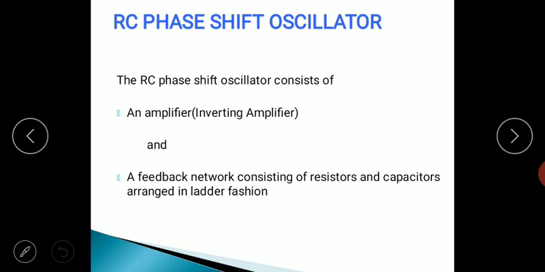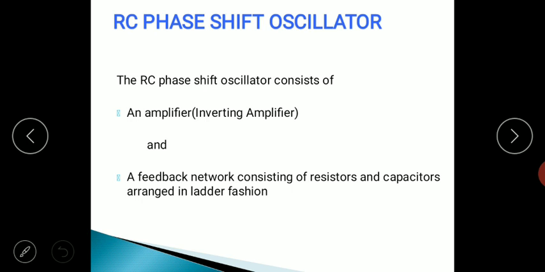So the RC phase shift oscillator makes use of an amplifier which can be constructed either by using op amps or transistors or also FETs. Any one of these active devices can be used to construct an amplifier, which will usually be an inverting amplifier which produces a phase difference of 180 degree.